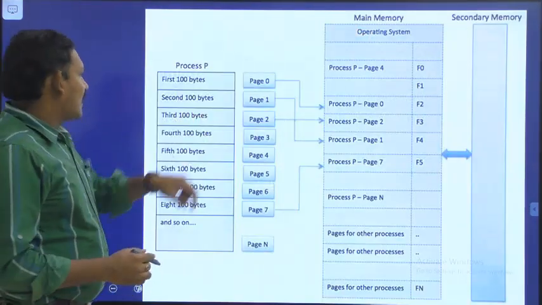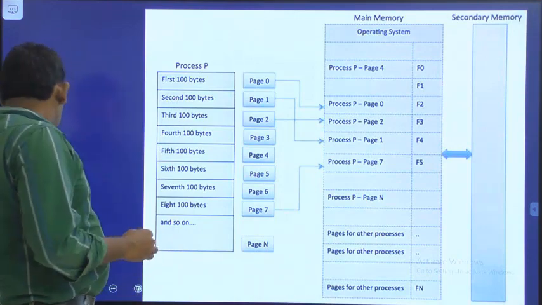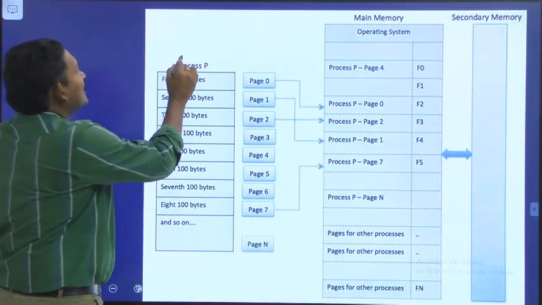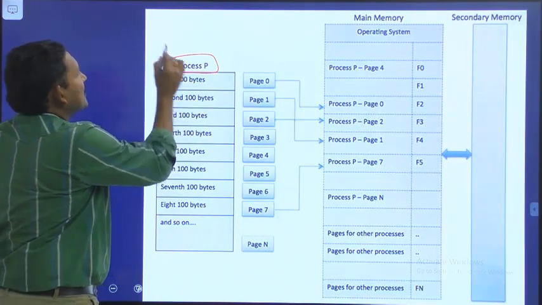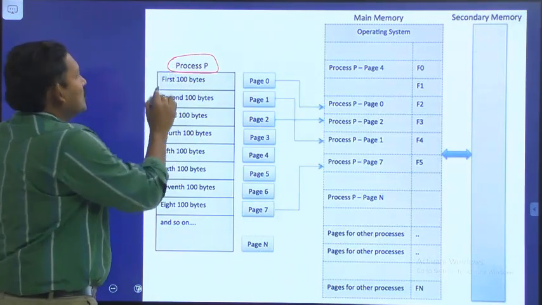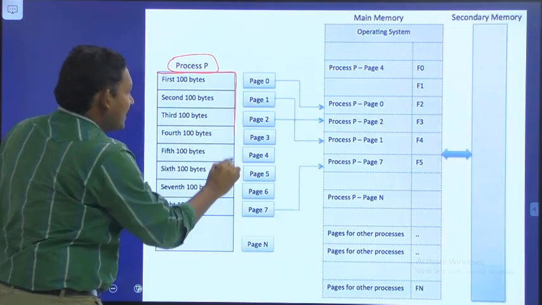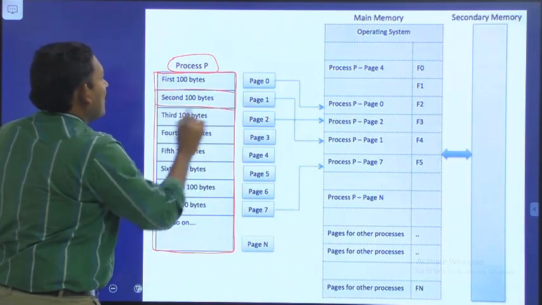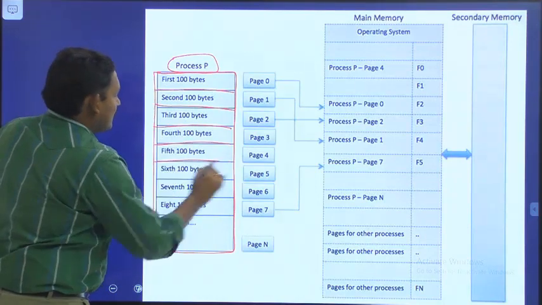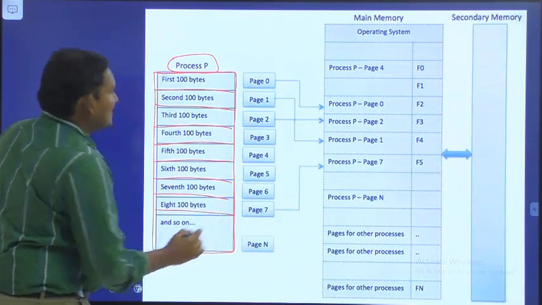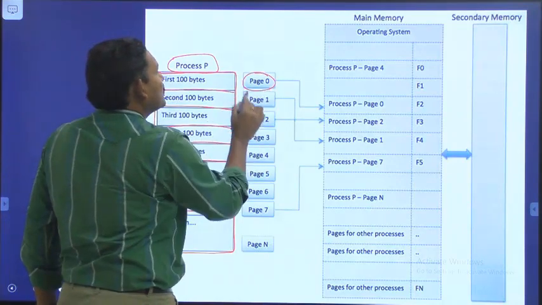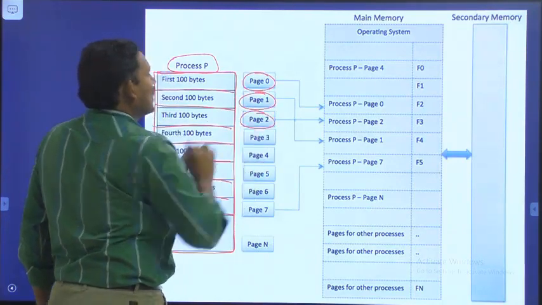So if you see roughly what we are doing here, this is a process. The process is divided into a number of parts, and each part is called a page: page 0, page 1, page 2, like that.